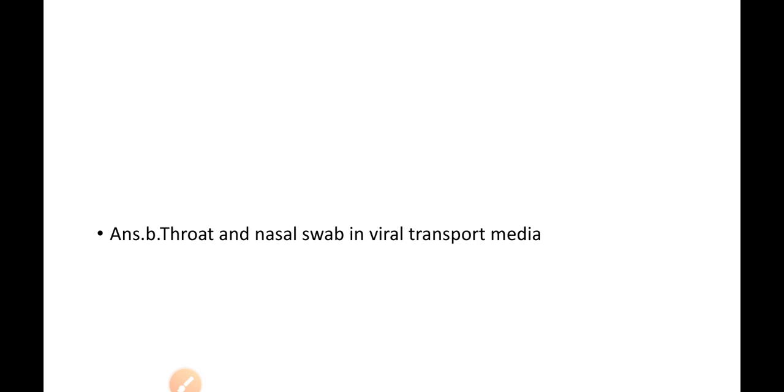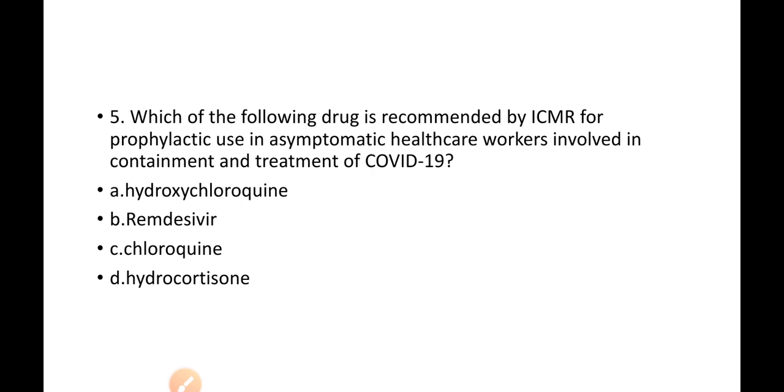So coming to the fifth question. Which of the following drugs is recommended by ICMR for prophylactic use in asymptomatic healthcare workers involved in containment and treatment of COVID-19? A, hydroxychloroquine, B, remdesivir, C, chloroquine, D, hydrocortisone. A number of drugs have come to light after the breakout of the pandemic, with claims that this drug or that drug would be helpful in treating corona or could be used prophylactically so that you won't get corona.